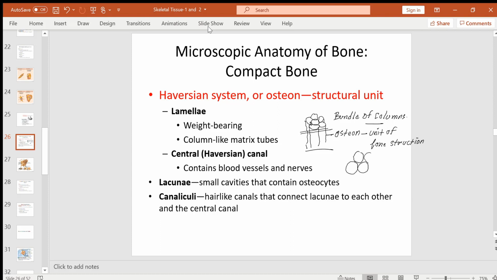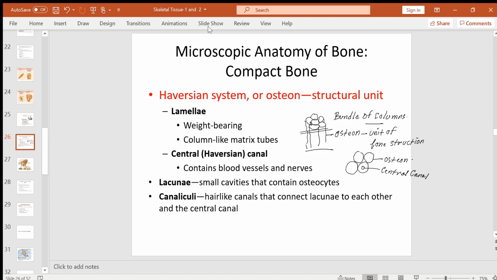And each circle is an osteon. And in the center of the osteon, you have a canal called the central canal.